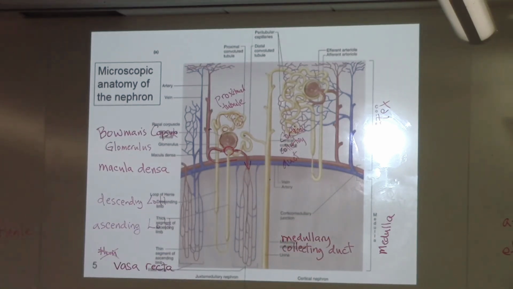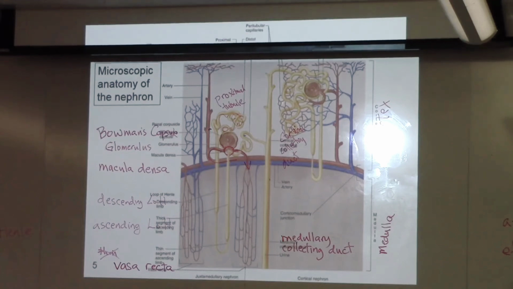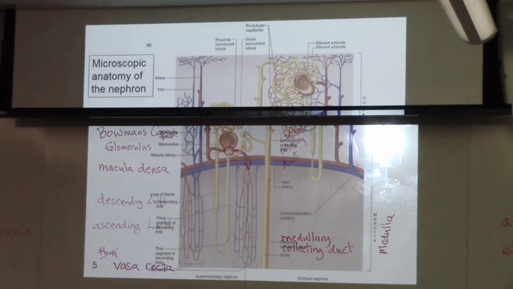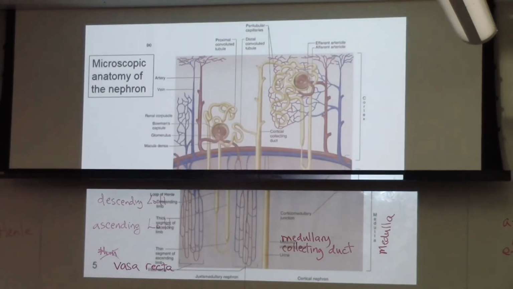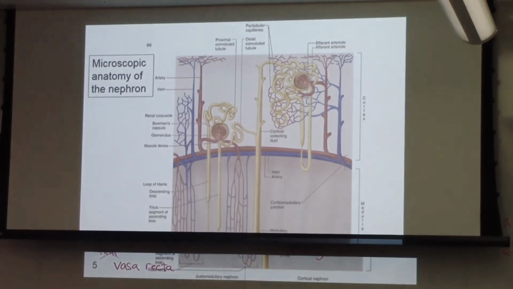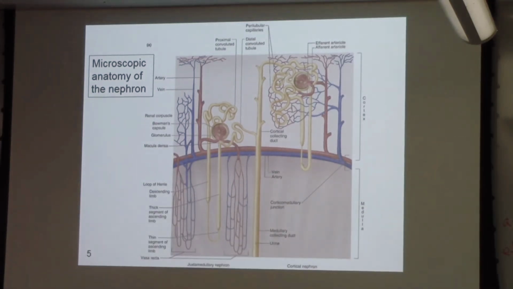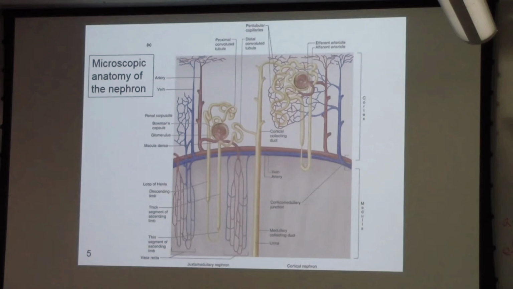Okay, rather than spend a lot of time erasing, I'm just going to put it on the screen. So the order of operation that we're going to be seeing for the next couple of weeks is blood flow, afferent arteriole, glomerular filtration. Now we have to think about there's blood and there's filtrate.